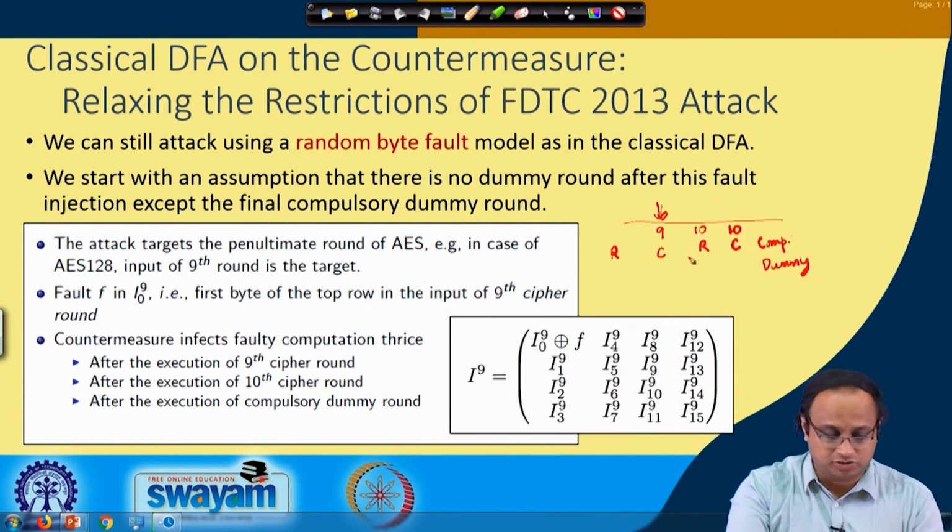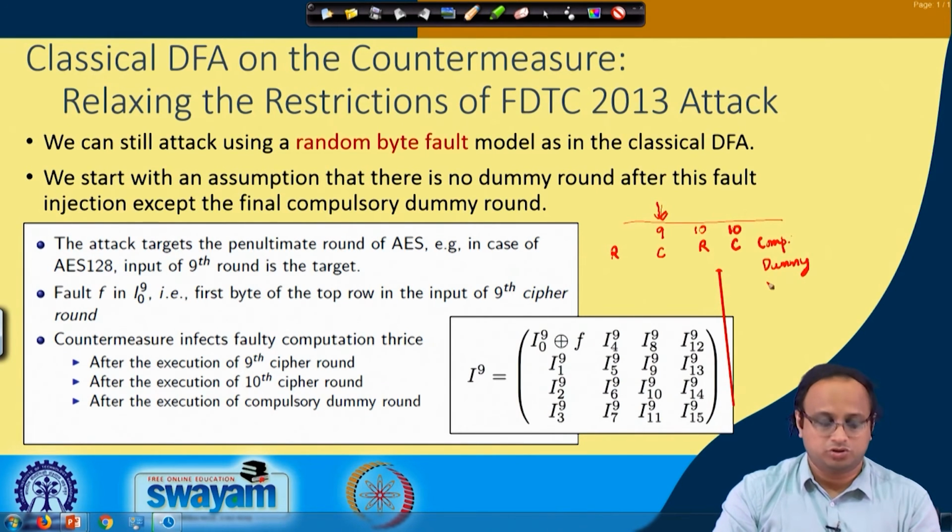One is after the execution of the 9th cipher round, one is after the execution of the 10th cipher round, and you will also get the fault after the execution of the compulsory dummy round. So these are the positions where you will have the fault created.